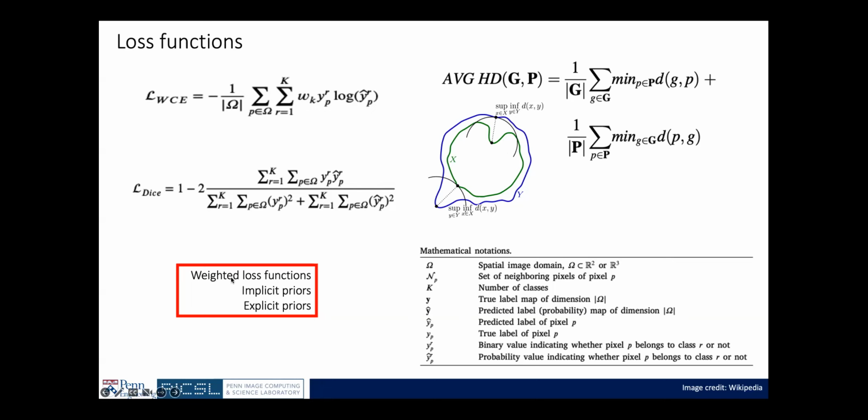Right. There is another thing that people do when designing these loss functions, which is to give weights to different structures. Suppose I am segmenting different regions in my brain, and I know that region 1 has more volume than region 2. So there is an automatic class imbalance, right?